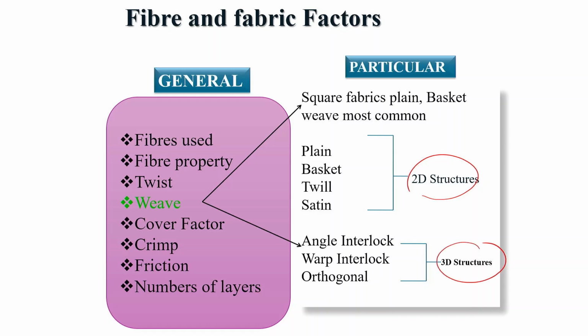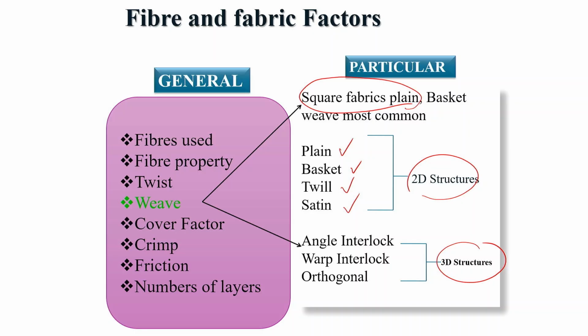Among the 2D structures, plain, basket, twill, satin are very prominent, and the main requirement is that we should try to keep the fabric structure as a square fabric structure.